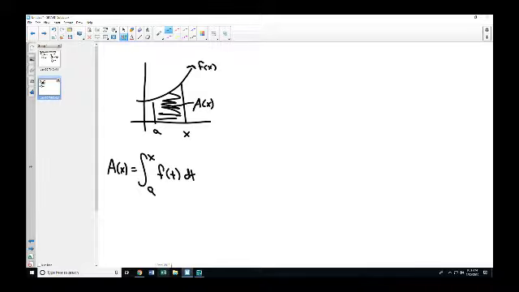So again, insert any function in there, in for f of t. Insert a function here. Do the math, and it will give you an area calculation for that function. Okay, it's a formula. And then remember what the fundamental theorem of calculus gives us.